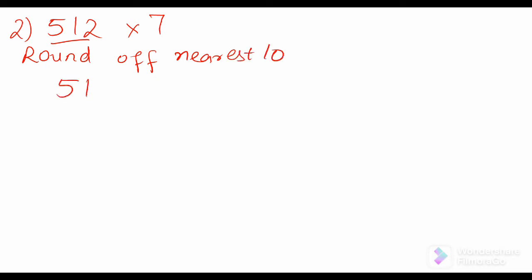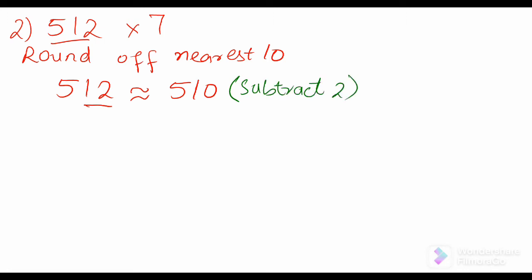So 512, as you can see here, this is 12. It is much nearer to 10 as compared to 20. So it will be approximately equal to 510. Remember that here we subtract two to get 510.